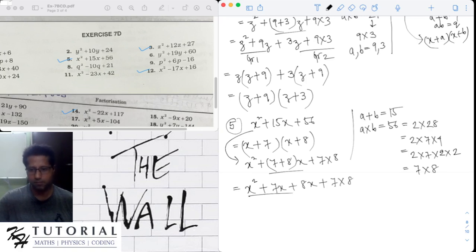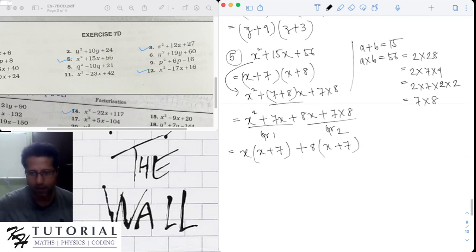You form groups, group 1, group 2, and from group 1 you take x as common and I get x into x plus 7. From the second group you take 8 as common, you have x plus 7, and you can see the two groups have x plus 7 as the common factor. So this will be x plus 7 multiplied by x plus 8. This is the detailed step by step factorization of x square plus 15x plus 56.